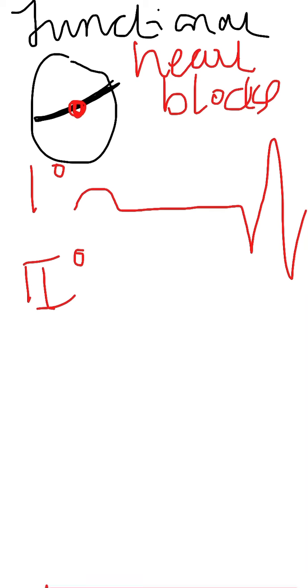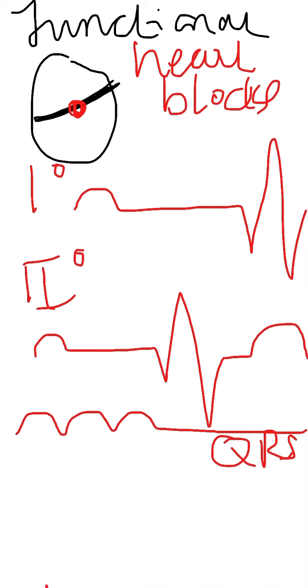Now these can be different, all right. They are different in that, in fact, let me just go back here, and not exaggerate this. What you are really going to see is that if this is the T, you're going to have your P, then you're going to have this just large exaggeration with no production of a QRS.